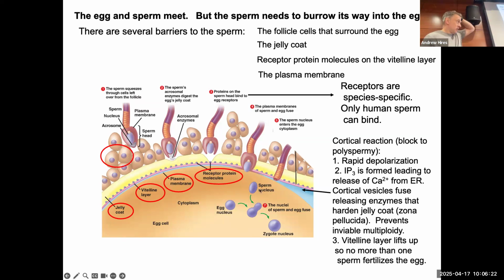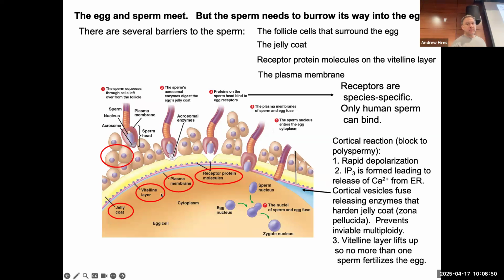Secondarily, this vitelline layer is going to lift away from the cytosol and the plasma membrane of the cytosol. That's going to provide a gap between the cytosol and the outer layer of the coat, just in case a sperm does somehow get through this jelly coat, it still will not be able to eventually reach the cytoplasm of the egg.